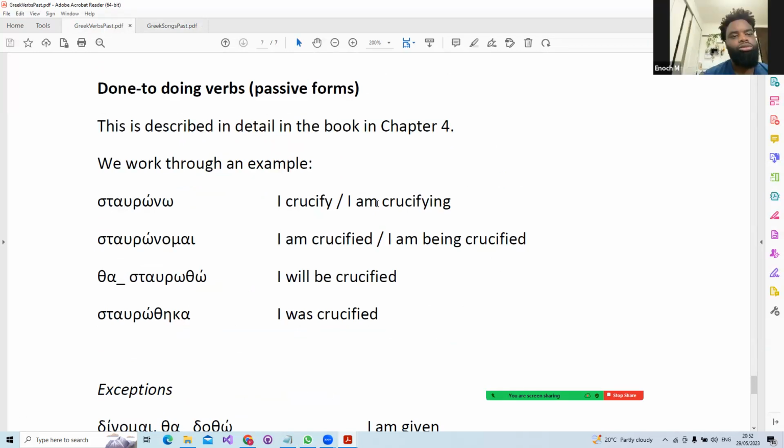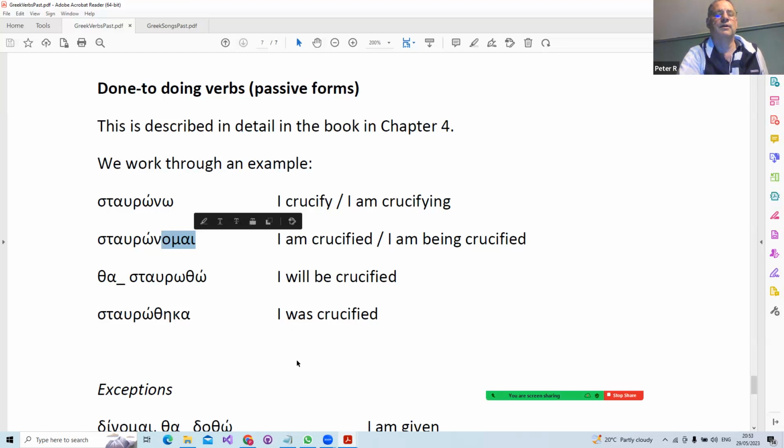Stavrono would mean I crucify or I am crucifying, either in the sort of present tense. So this is the doer doing. So I am crucifying something, rather cruel. So if instead it's I am crucified or I am being crucified, stavronome, so this gets the ome ending.